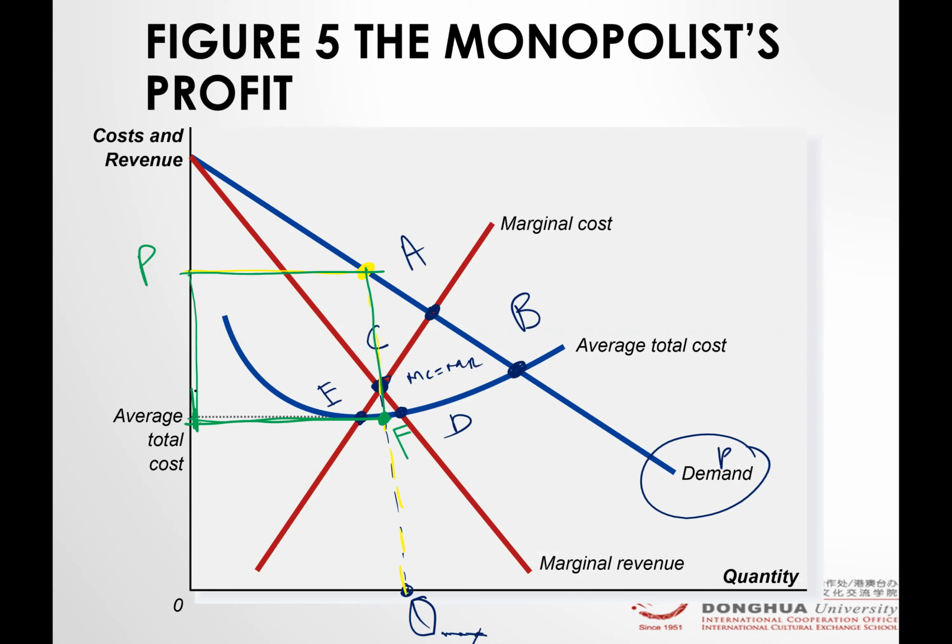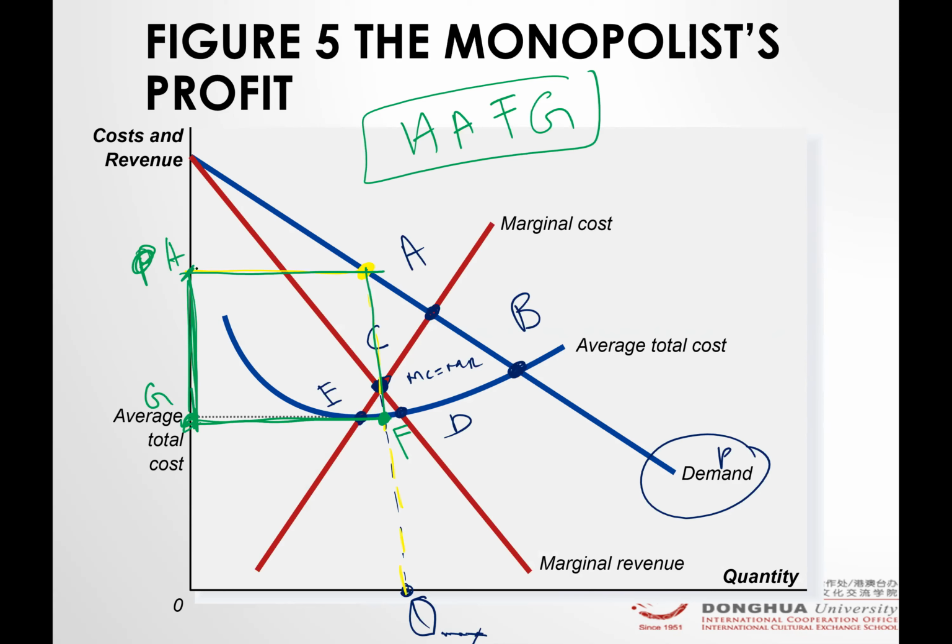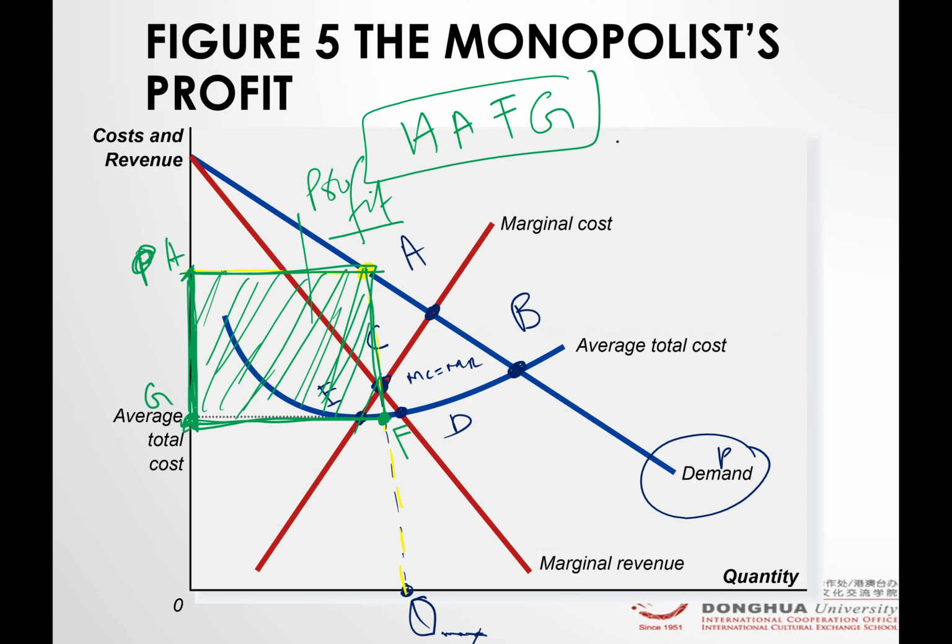If I name this point G and this point H, then this rectangle H, A, F, G is the monopolist profit.